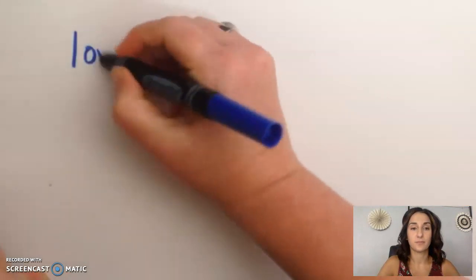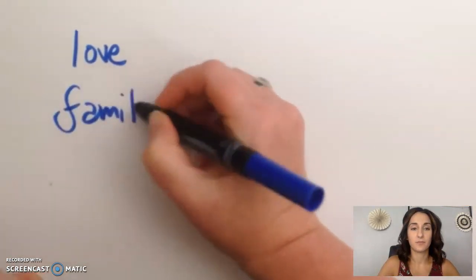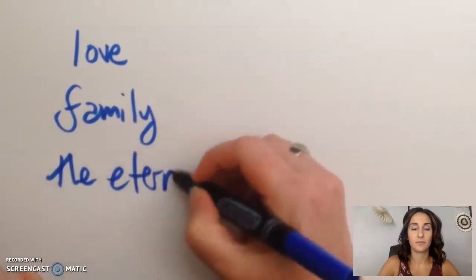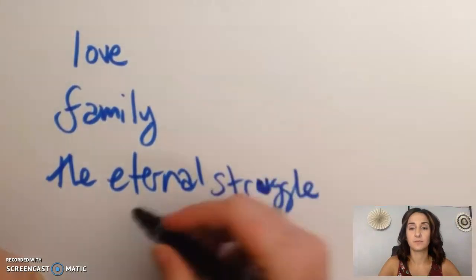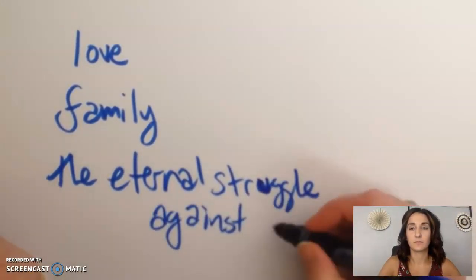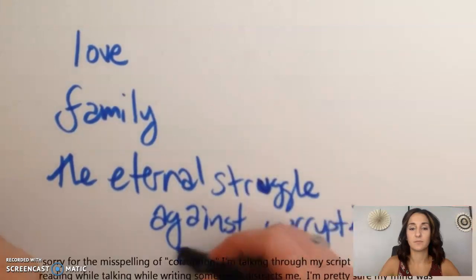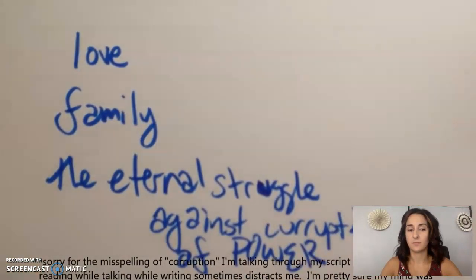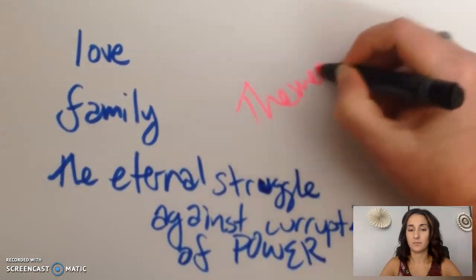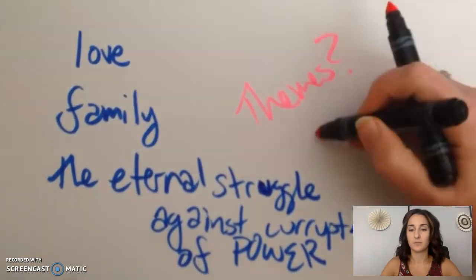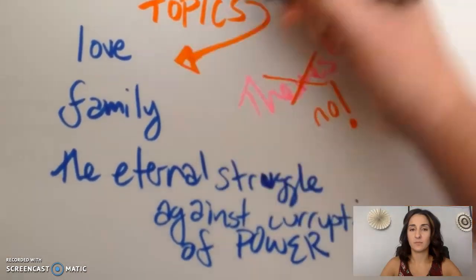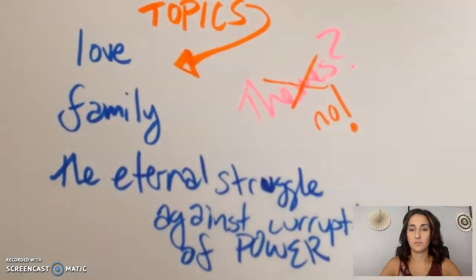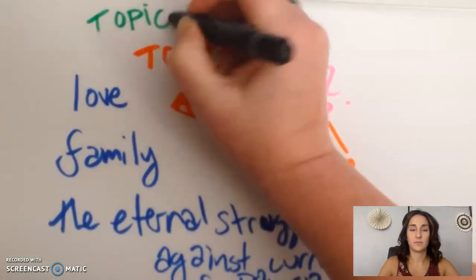So in a lot of things like Cliff Notes or Spark Notes, and sometimes in previous teachers' classes, children have been told that love is a theme, or family is a theme, or perhaps something that sounds very, important, such as the eternal struggle against corruption of power, or what have you, somehow the theme. And the kids walk away feeling that these are themes, but they're not really themes. What they are topics. And these topics are really important, and they are what helps get us to think, but they are not in themselves a theme.